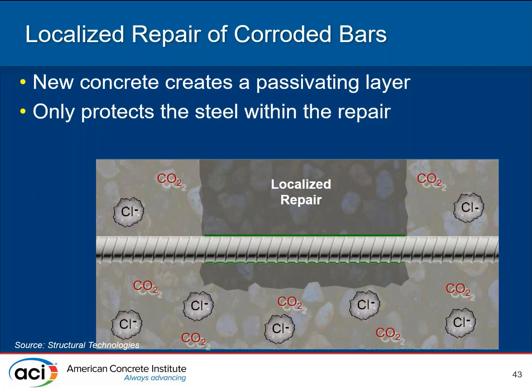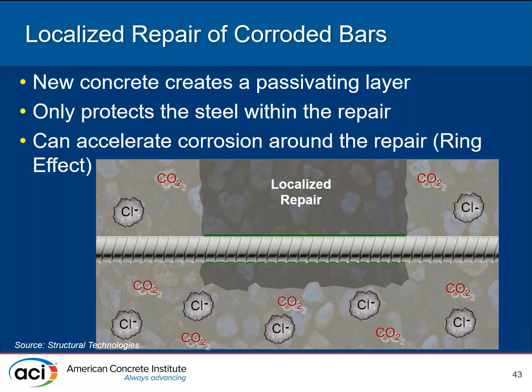So what have we done? We now have a portion where we've repaired it that is not contaminated at all, but immediately adjacent to it, we do have concrete that has some level of chloride or some level of carbonation. This is more important from a chloride viewpoint, and that will kick off and accelerate corrosion around the repair.